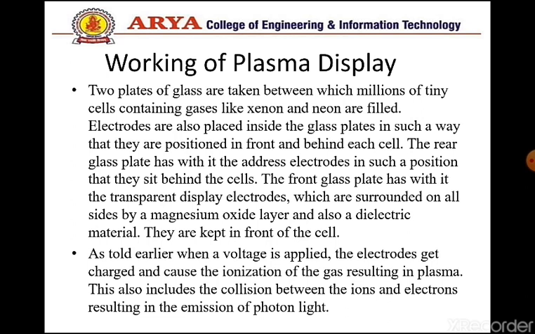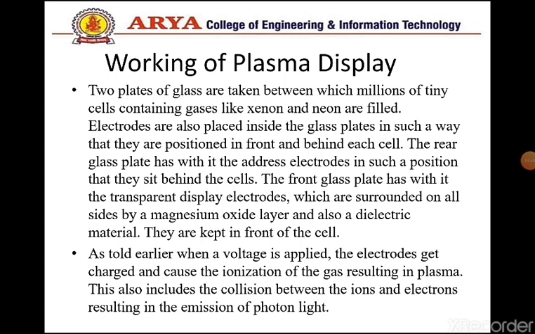The rear glass plate has the address electrodes in such a position that they sit behind the cells. The front glass plate has the transparent display electrodes, which are surrounded on all sides by a magnesium oxide layer and also a dielectric material. They are kept in front of the cell.